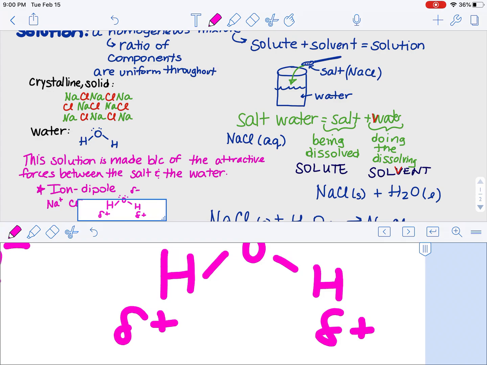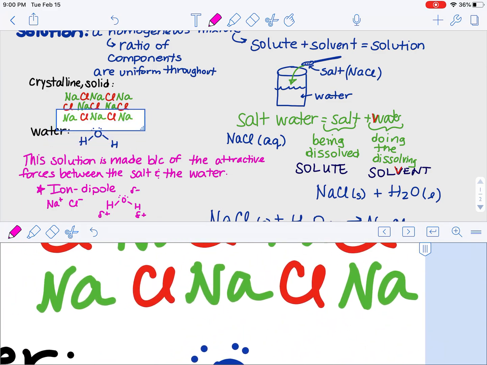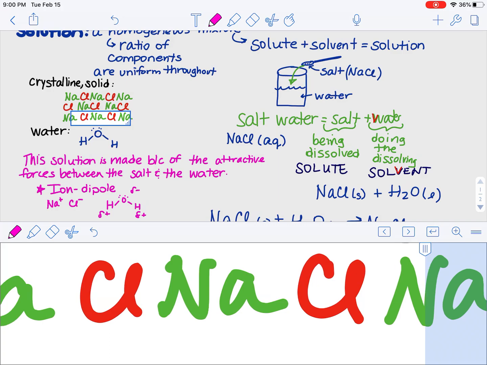So what happens when this crystalline solid and this polar molecule of water come in contact with each other? The water molecules are now attracted to the crystalline solid. The oxygen end, because it is partially negatively charged, is going to be attracted to the positively charged sodium ions.